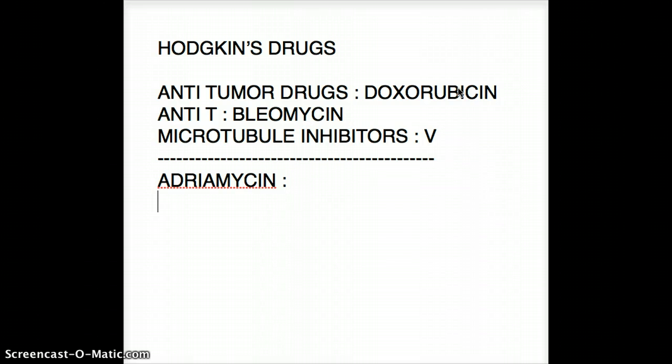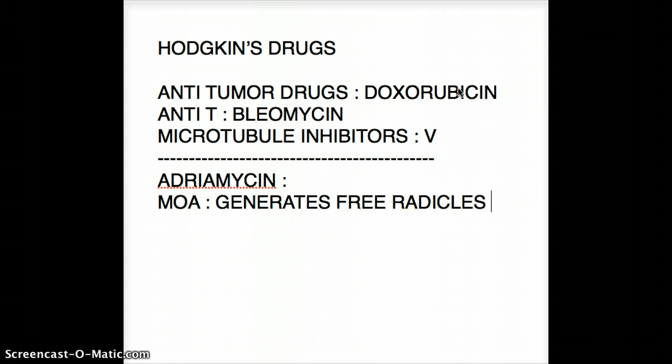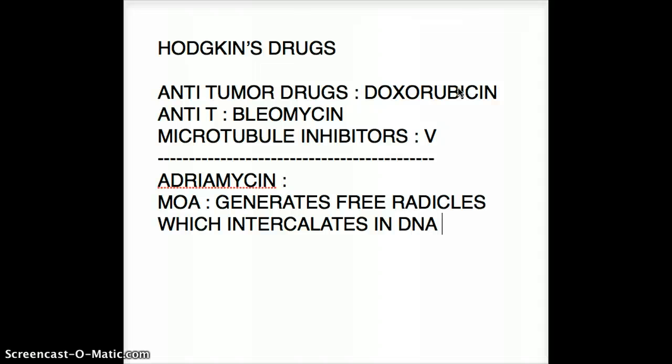It generates free radicals, which intercalate in DNA, and it binds to it covalently.